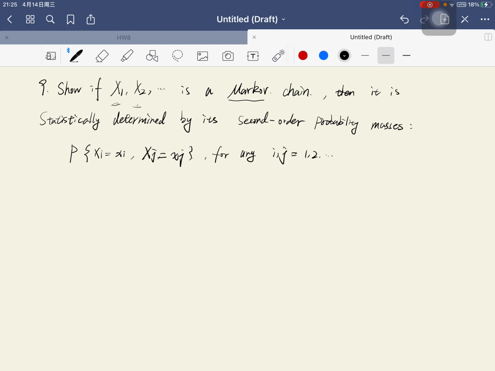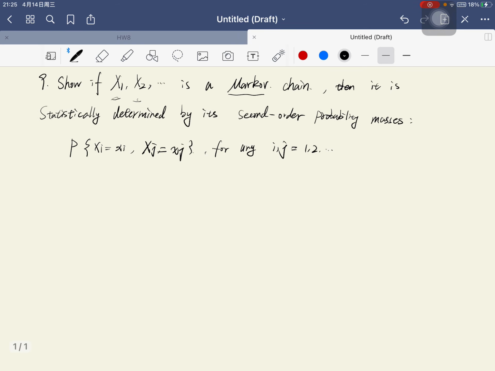The Markov process is that the past has no influence on the statistics of the future. Let's start with it.